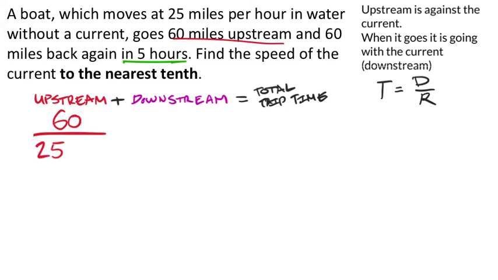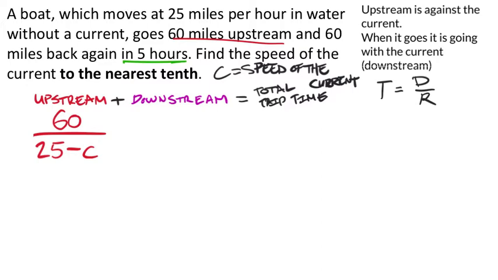So what we have to do here is we gotta apply the current. And since you were going upstream, you were going against the current. So I'm using the variable c in this case. Again, C should represent what we're solving for. That's the speed of the current. Okay, so I've already got a C with my upstream ratio, distance over the rate.